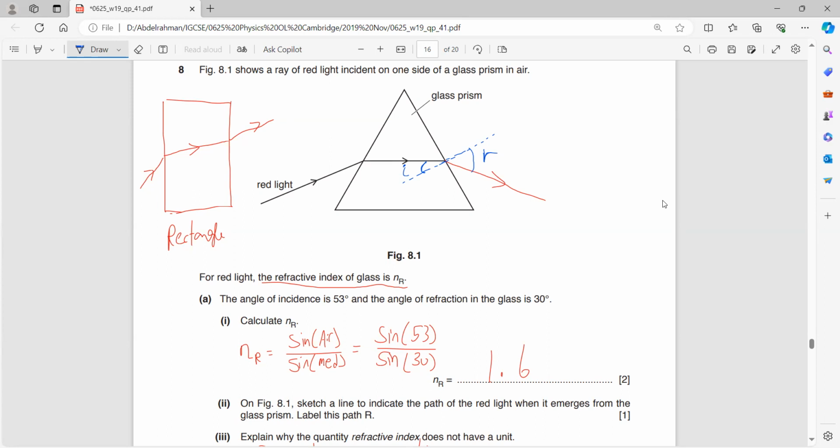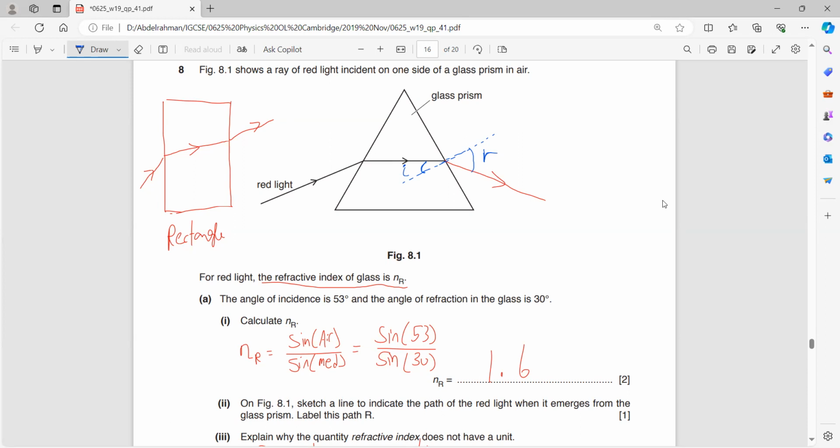Go ahead, Nada. I wanted to ask, would it be the same angle of refraction as before the red light entered the prism? You could say so. You're not required to actually calculate it, but you can say so.